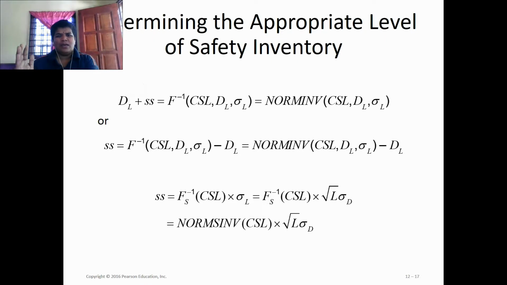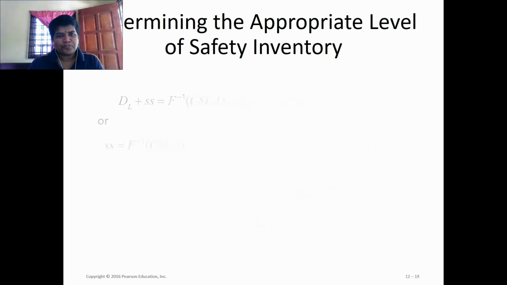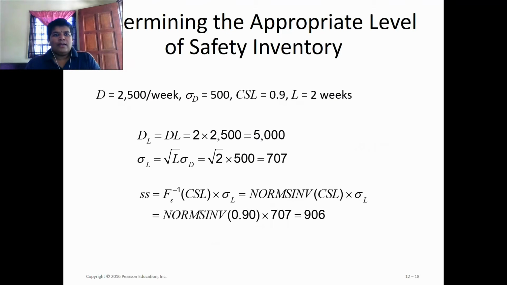Okay, you don't need to remember the formula. Just understand how to use the formula, that is more important. Just understand where I should apply these formulas. The next slide will be talking about the calculation part.